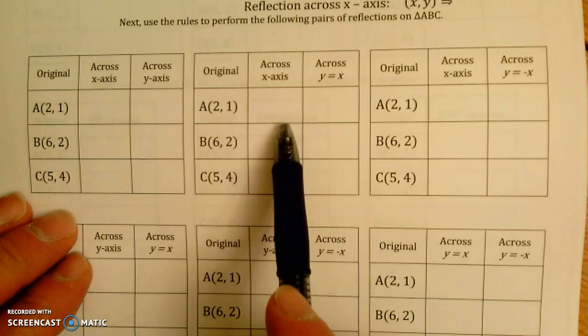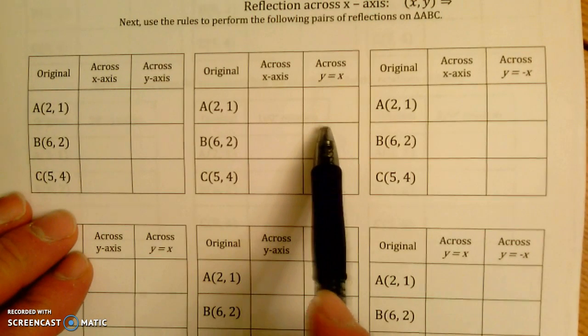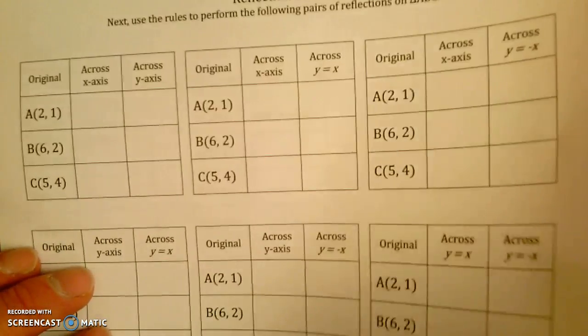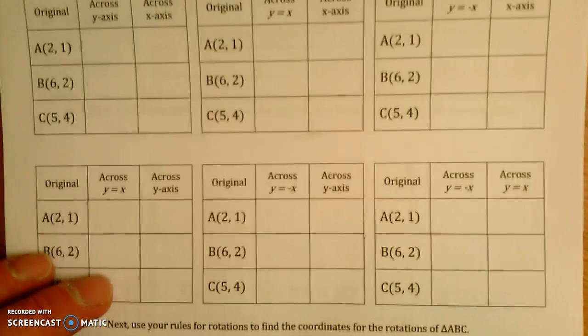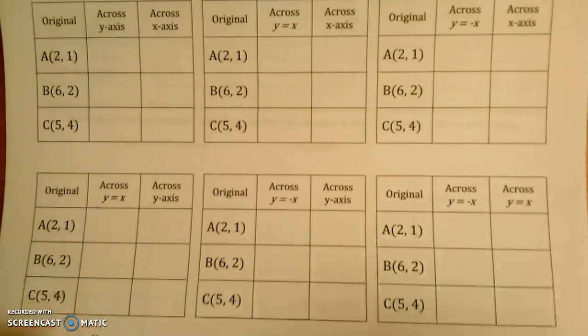And then here you're going to do across the x-axis and then across the line y equals x, and so on. We've got a bunch of different combinations here. There's a total of 12 different possible permutations of those four different reflections.